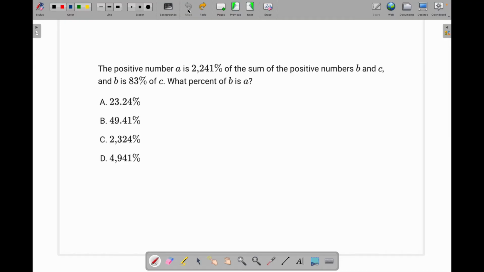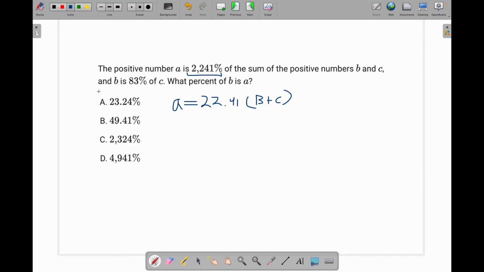Okay, so A is 22.41% of the sum of B and C. So let's just make it a quick equation where A equals, we're going to convert this percent into a normal number, which is 22.41, and then this is times the sum of B and C. So now we have this equation here.